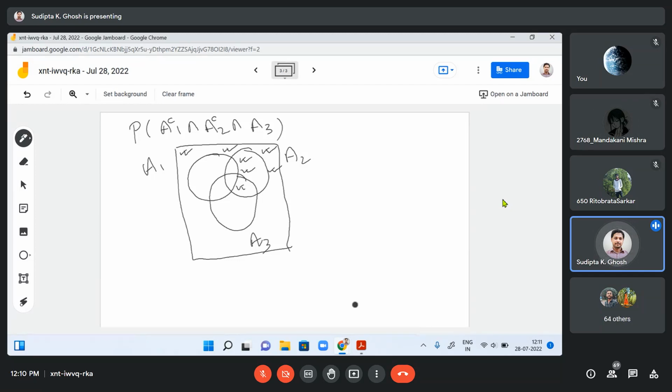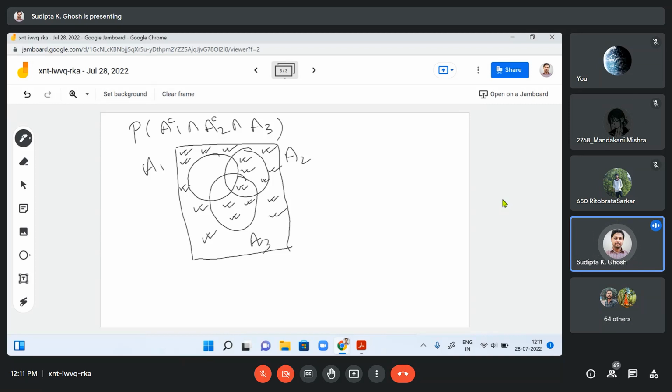The Venn diagram is extremely important. It will help you to solve the problem. Check whether I have given the double tick in the right place: except A1, all the places I have given double tick.